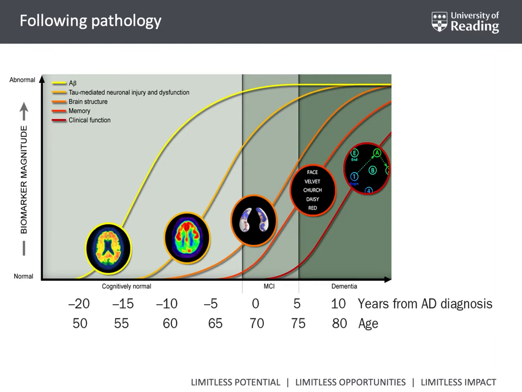It's how we can find out about these individuals before they get to this point where we've seen that massive neuronal loss, that atrophy of the brain. Therefore, we're fighting a losing battle in terms of trying to preserve brain function itself.